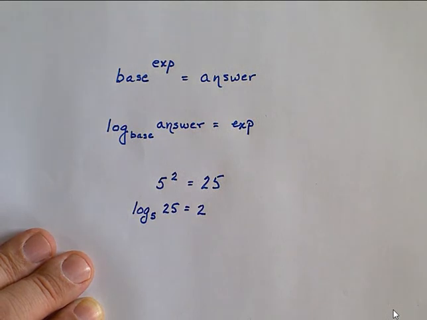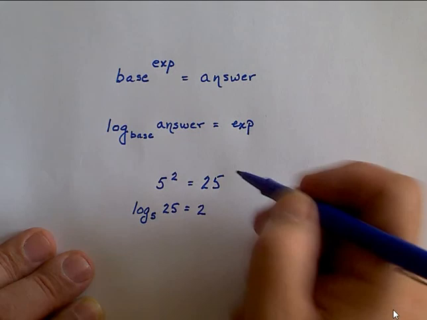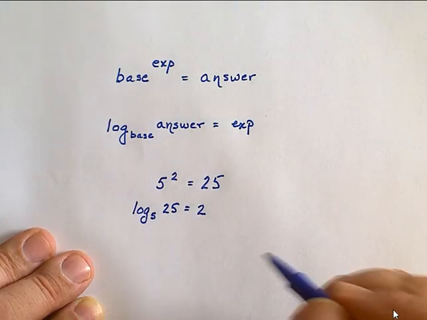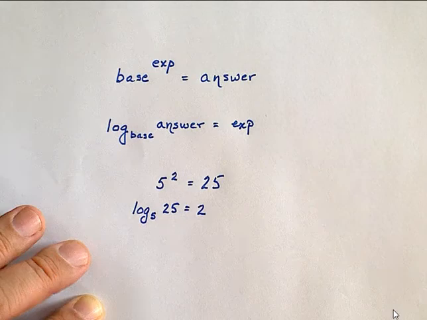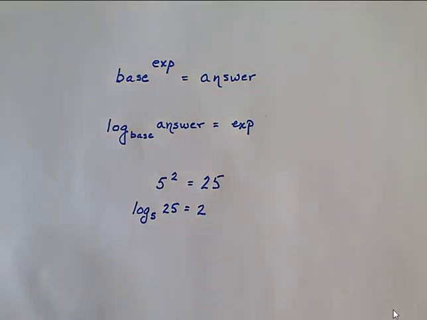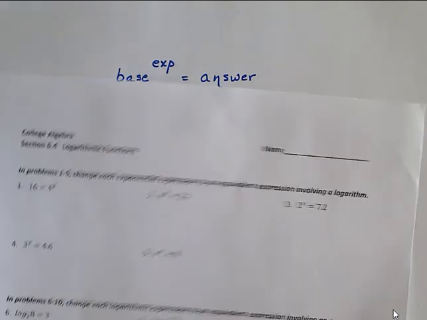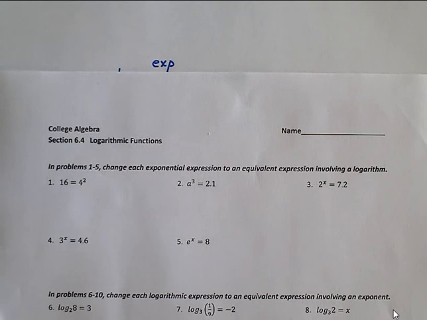Now, there are some other interesting properties that we're going to talk about as we go along, but the first part of this is all it's going to require: take an exponential form and change it to logarithmic and vice versa. So let's look at those and then we'll come back to some of these notes here. On questions 1 through 5, it says change each exponential expression to an equivalent expression including logarithm.